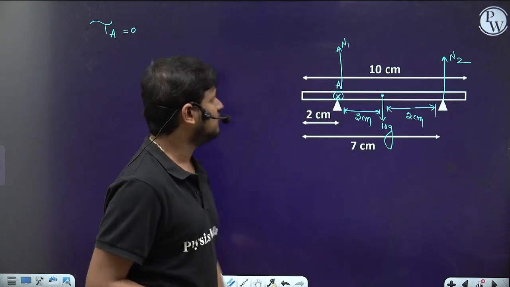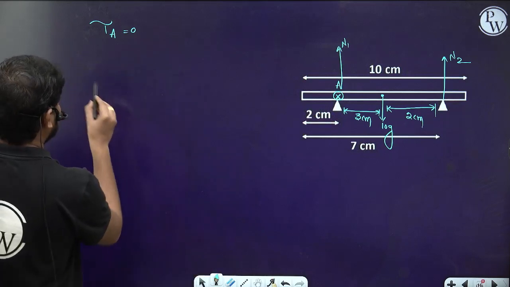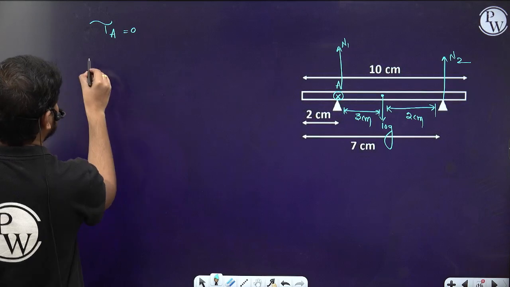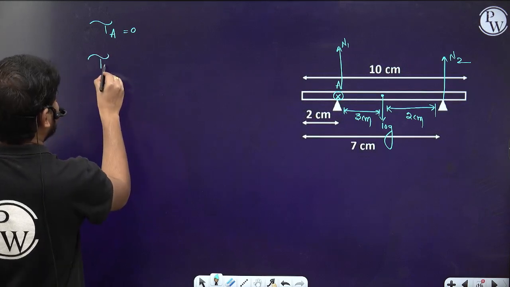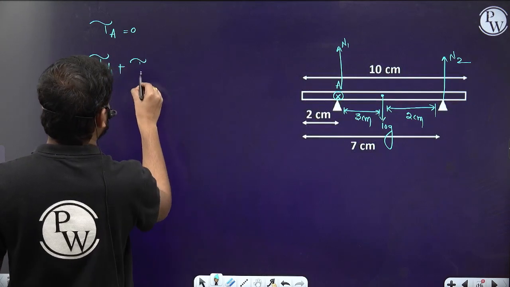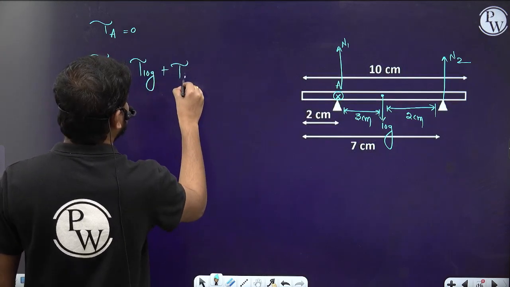So the torque about A is 0. What are all the torques that we have? The torque due to N1, plus the torque due to the 10G force, plus the torque due to N2 should be equal to 0.